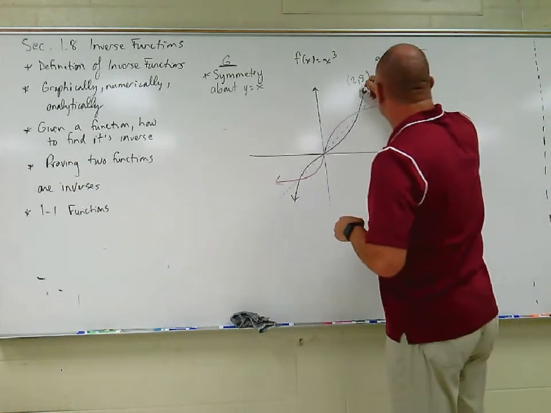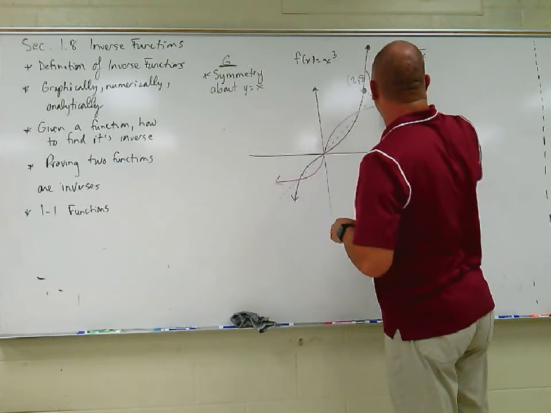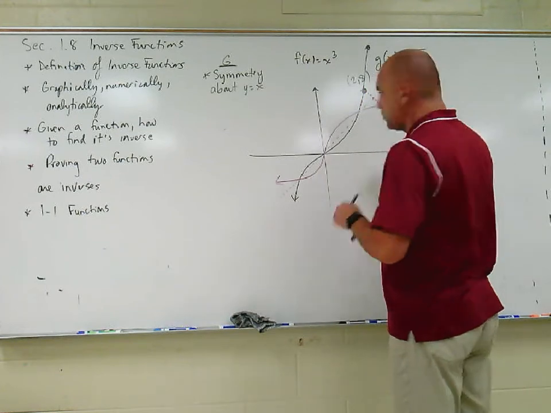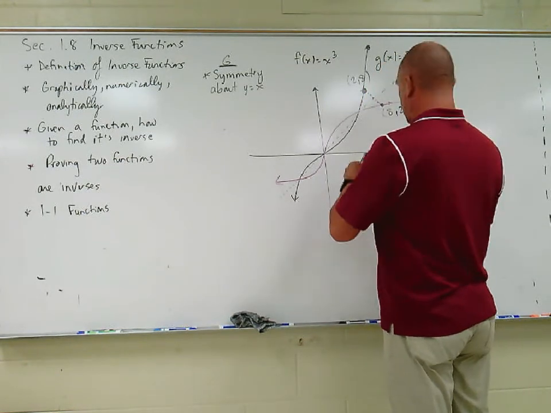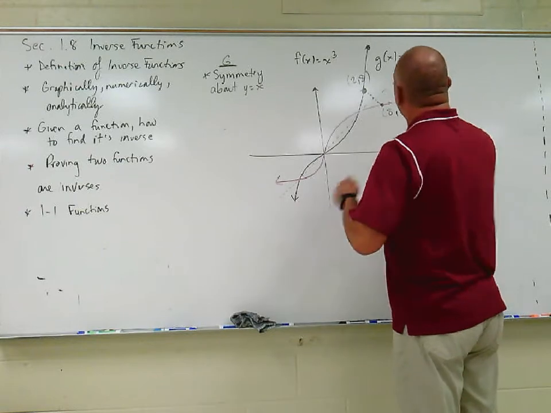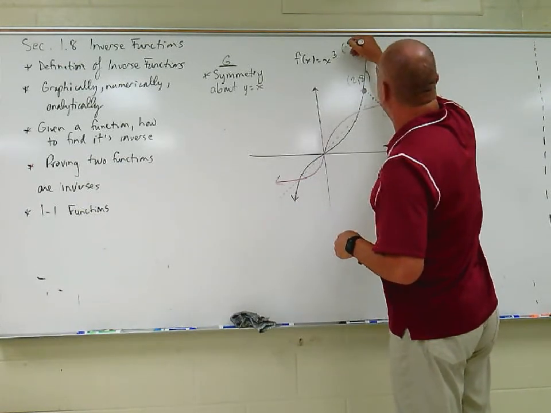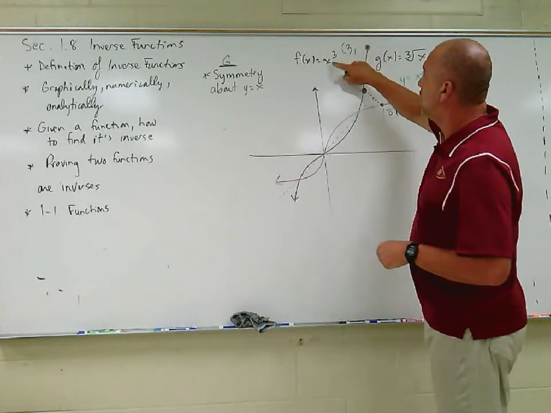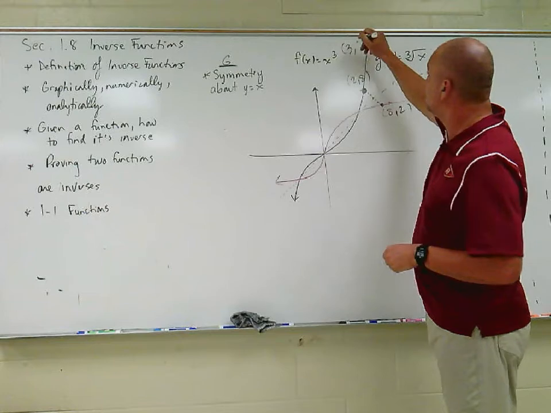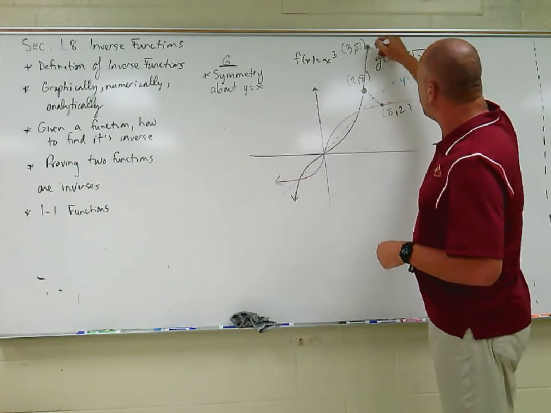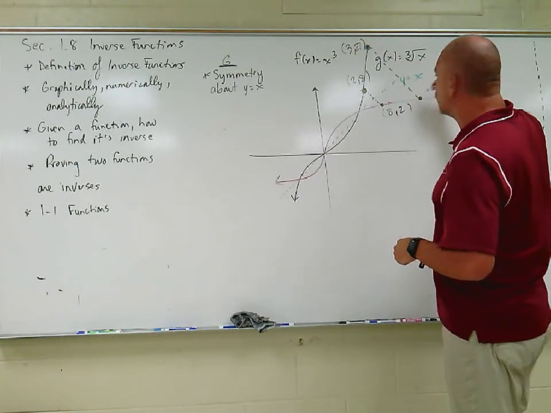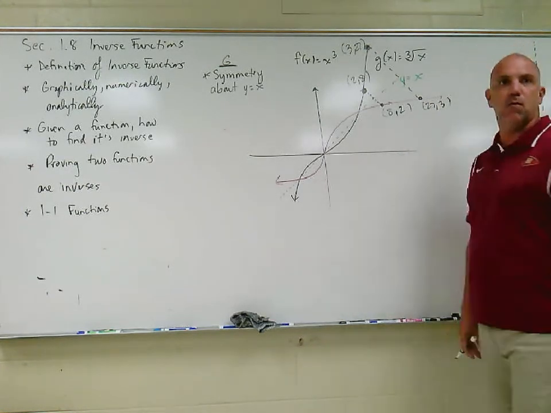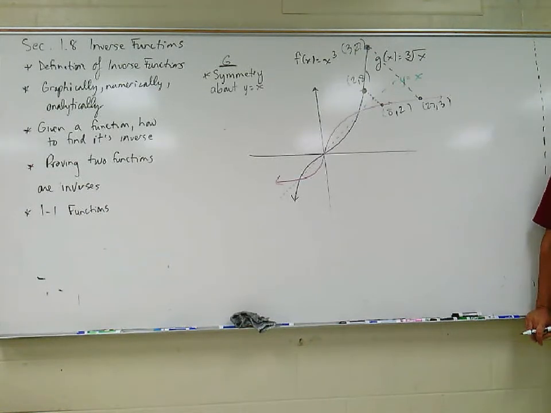So for instance, I'll just extend each one. What point is here? If it's at 3, what's the y value there? Cube it: 27. Then if I flip, what do you think is the mirror point there? So what do you notice that's happening numerically from one to the other? What's happening to the x and y's?